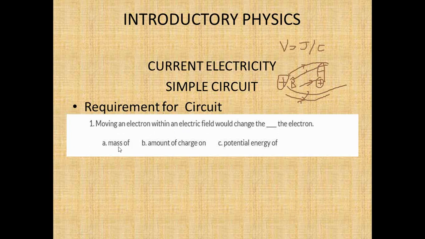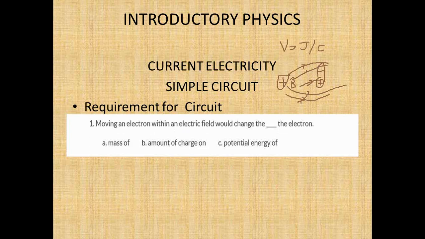The mass of the electron, the amount of charge on the electron, or the potential energy. All right, so let me just go over. When we talk about a circuit, I'm talking about moving a positive charge to the high potential terminal to get that electric potential difference. I didn't talk about electrons or anything like that.